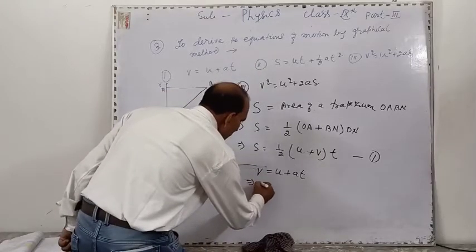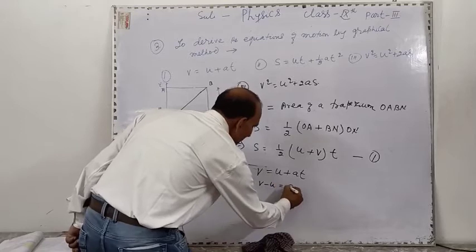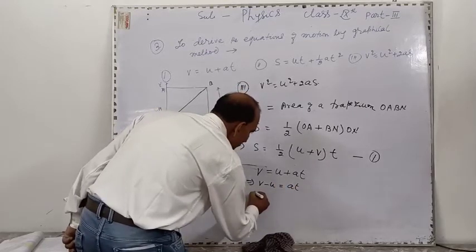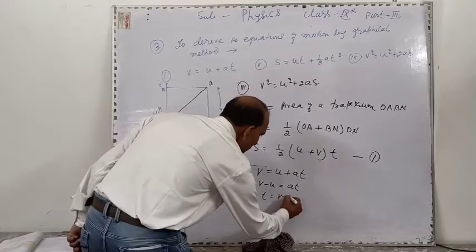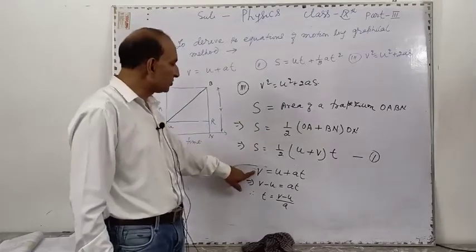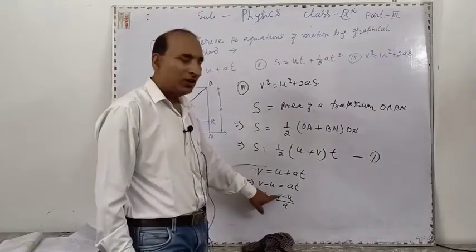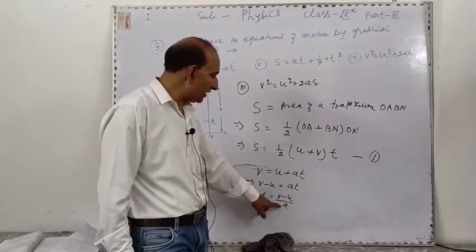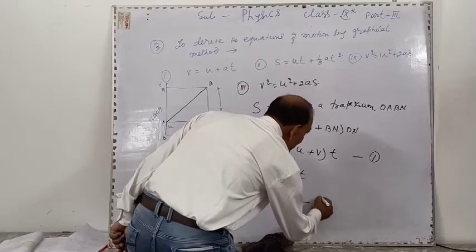Here V minus U is equal to AT. Therefore, T is equal to V minus U by A. From this first equation of motion, we find T in terms of final velocity, initial velocity and acceleration, which is equation second.